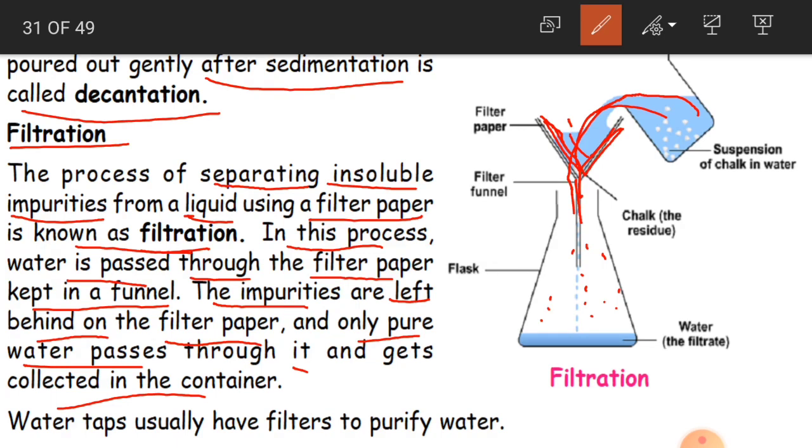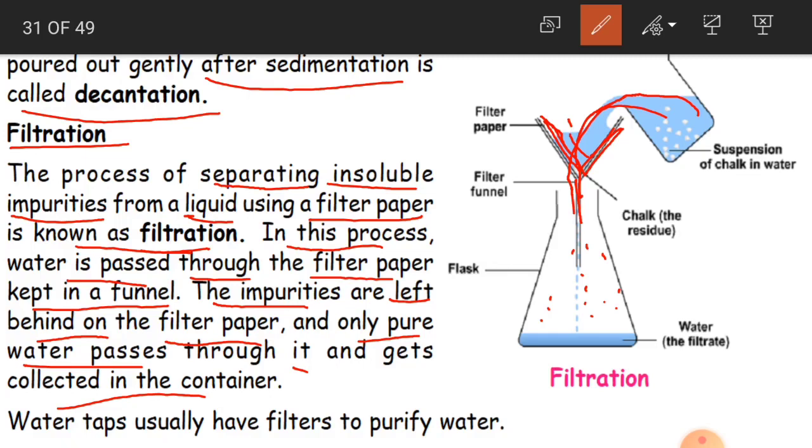Children, for example, like how we make our tea. What does mother do? She adds tea powder, sugar, in the milk and water and she boils it. After it is boiled and ready, she filters it into another container. Sugar is a soluble substance, so it mixes with the water and milk.